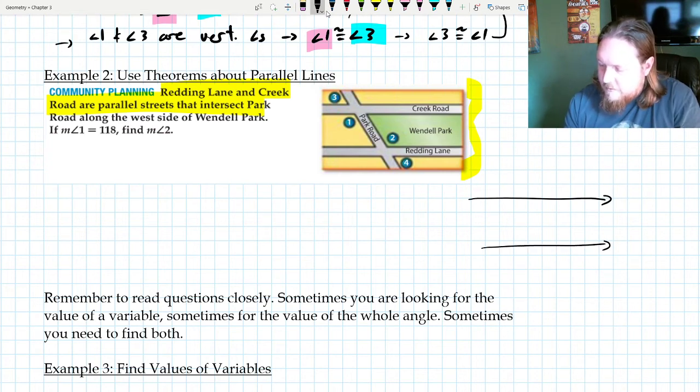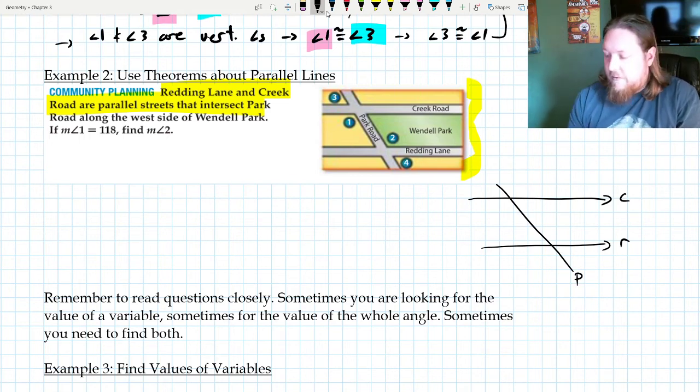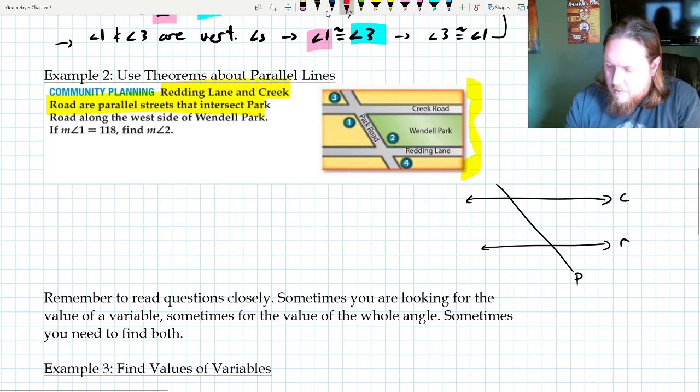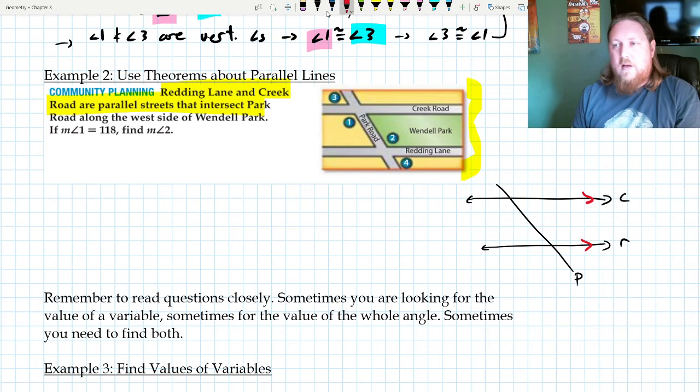So let's call this line C, line R. And they're intersecting Park Road. We'll call that line P. And they tell us that they are parallel streets. So I'm going to write down that those two lines are parallel to each other. And I don't know if I did it before, but I'll do it in red so it really stands out. Those two extra arrows on those two lines say that they're parallel.